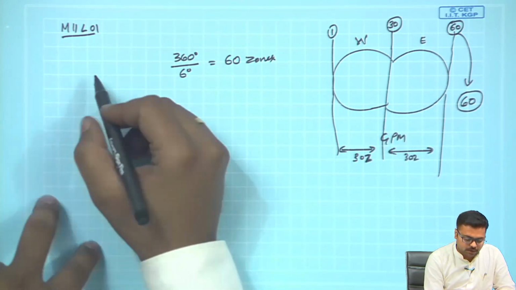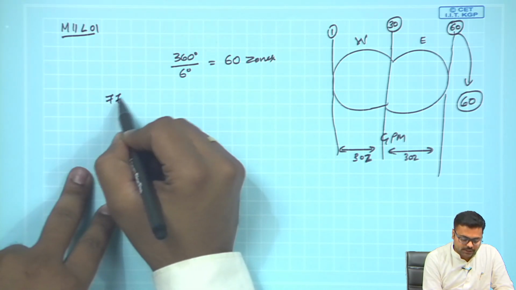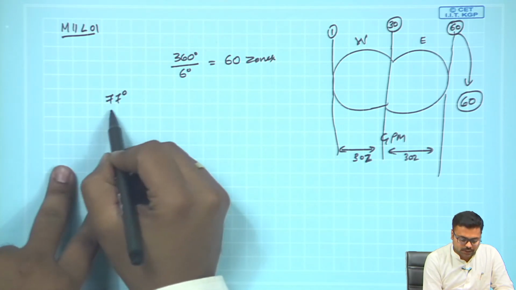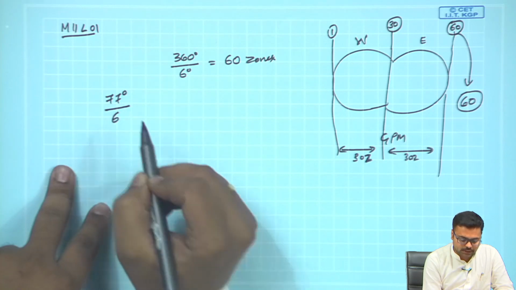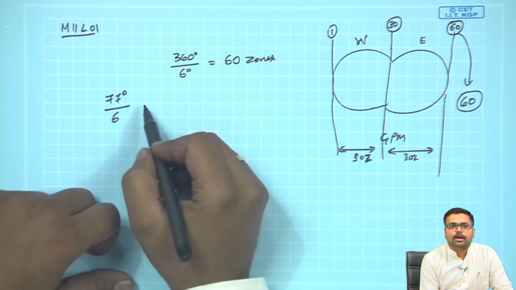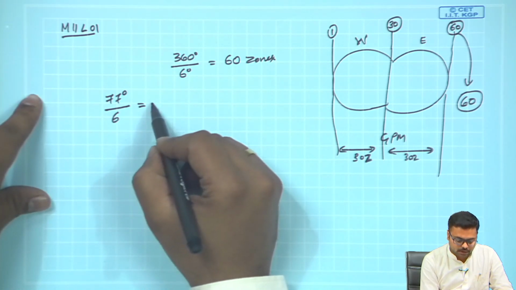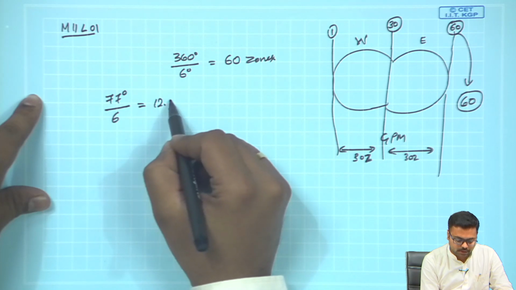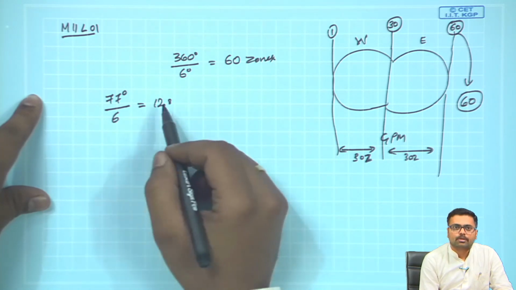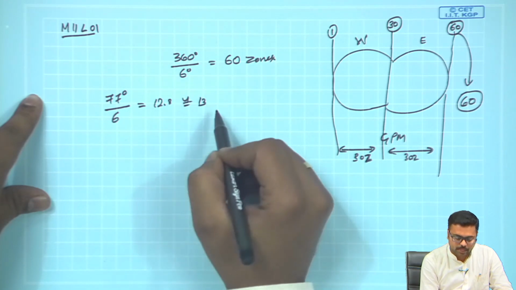Now, let us say Bangalore has a longitude of 77 degrees. Just divide this by 6 because each zone is 6 degrees. Once you divide it by 6, you will get somewhere close to 12.8. Just round this to the next digit, that is 13.